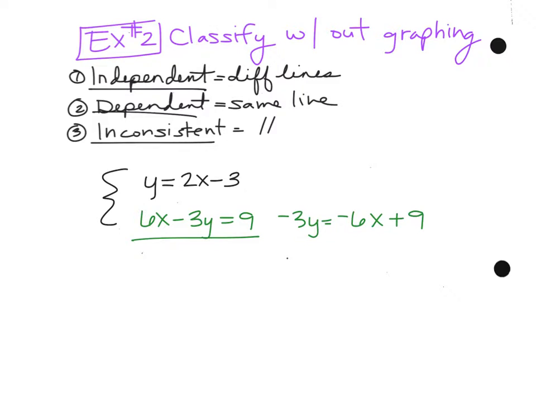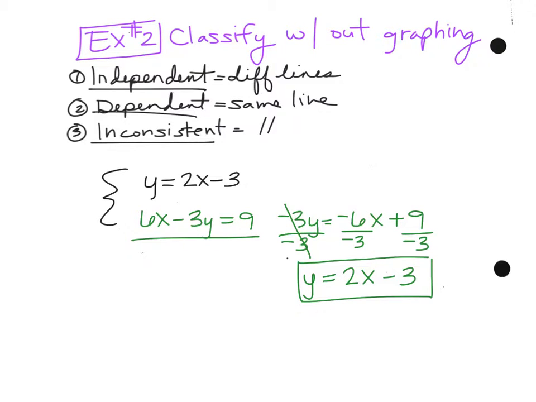To do that, we got to take one more step and divide by negative 3. Make sure you're dividing by negative 3 everywhere, okay? So this is 1. So it's y equals, what's negative 6 divided by negative 3? 2. Positive 2, good. So 2x. 9 divided by negative 3? -3. Negative 3.